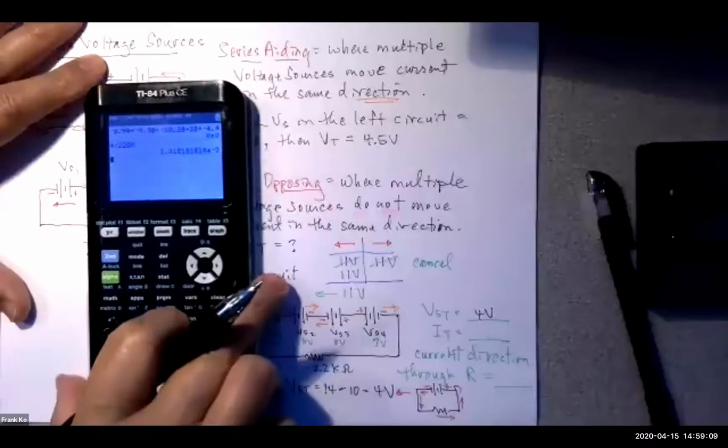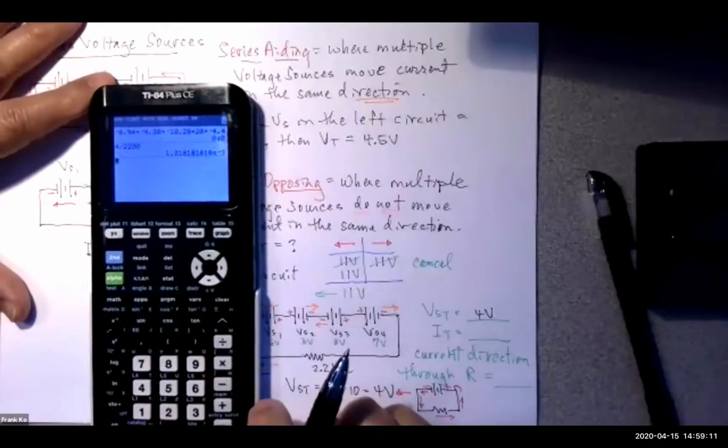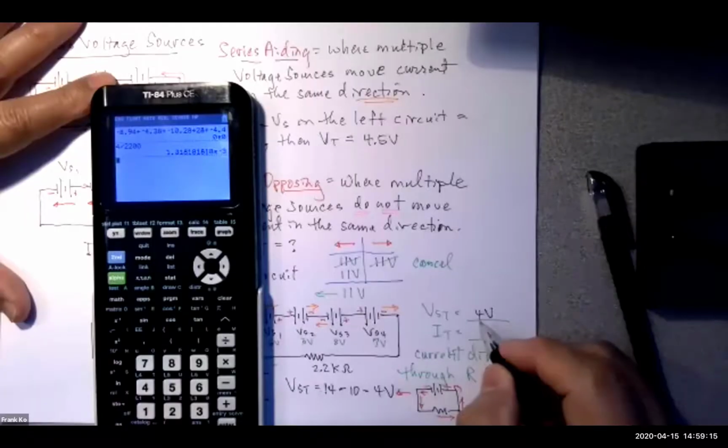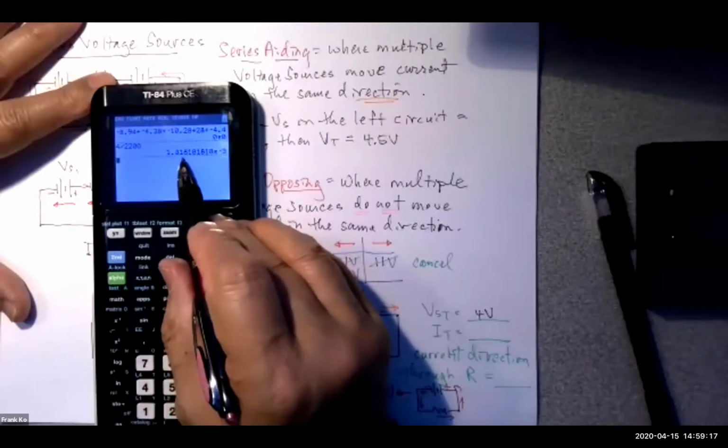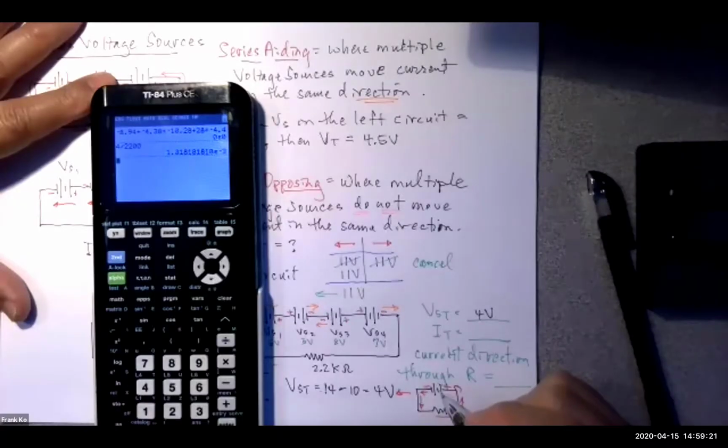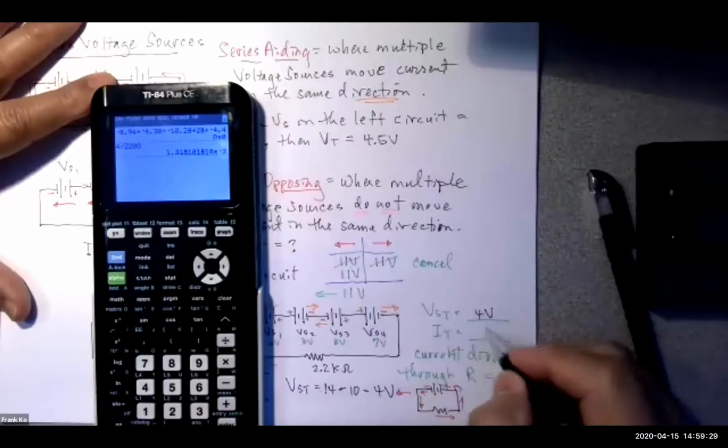So 4 volts divided by 2200 ohms. 1.81 milliohms. What's your third digit, my friend? 1.82 milliohms. Okay. Milli what? The resistance, right? Milliohms. No, it's current. Oh, milliamps. There you go.